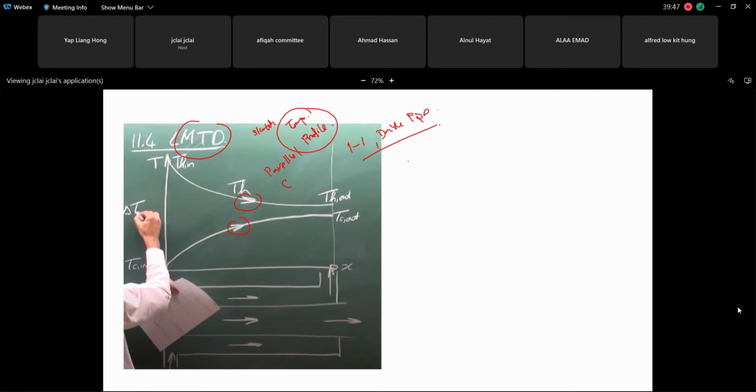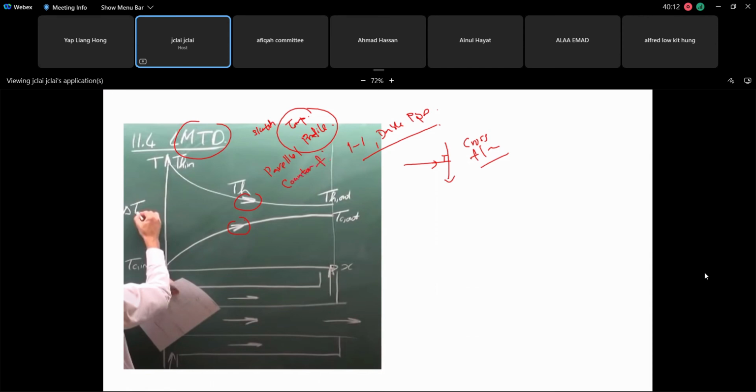If the flow is perpendicular, it's called cross flow. If there is a 90 degree angle between the two flows, this is called a cross flow heat exchanger. And the opposite of parallel, someone just typed it, is called counter flow. Yes, thank you.